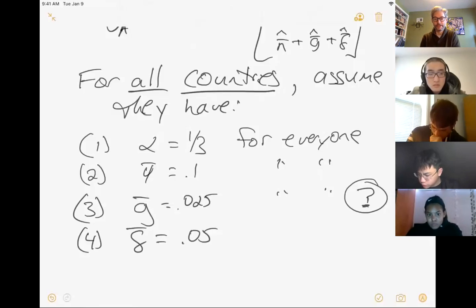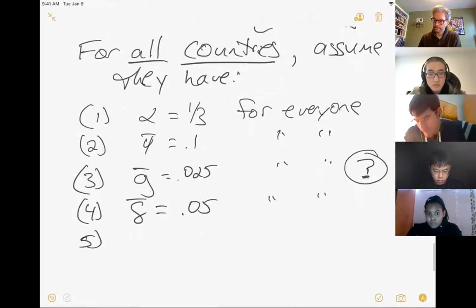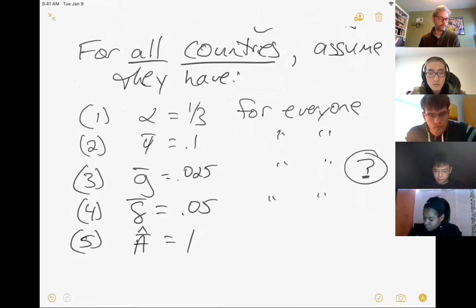Let's assume that delta is equal to 0.5, or I'm sorry, 0.05 for everybody. And then finally, let's assume that A hat is equal to 1.